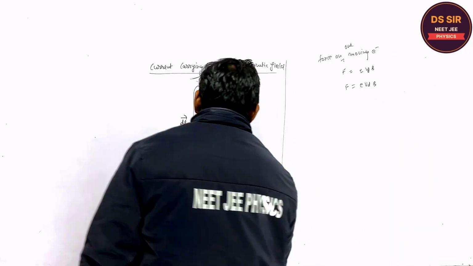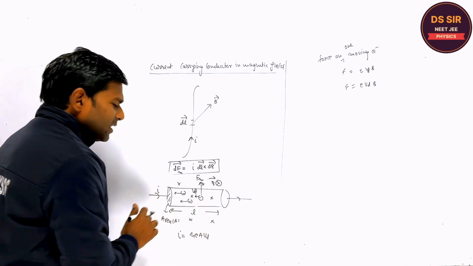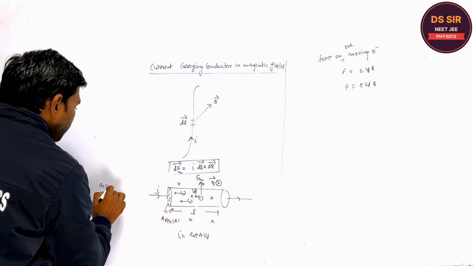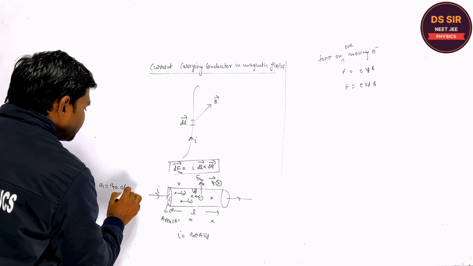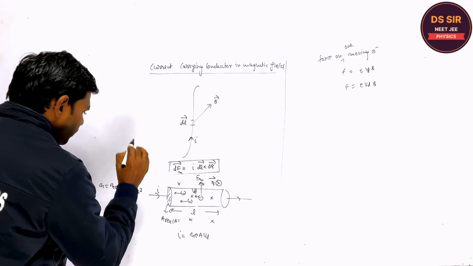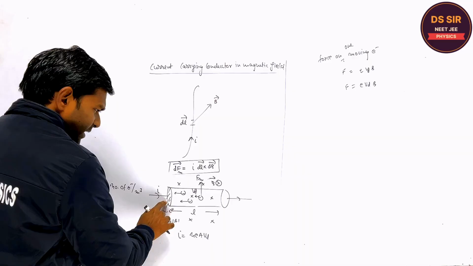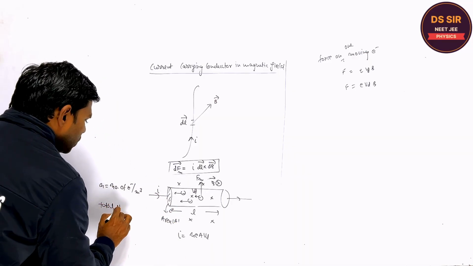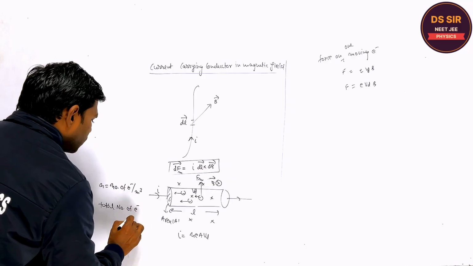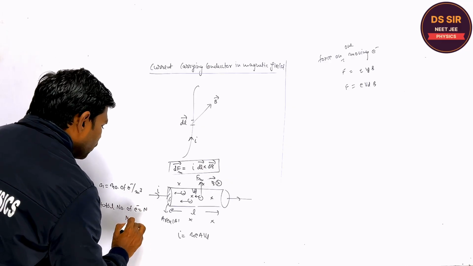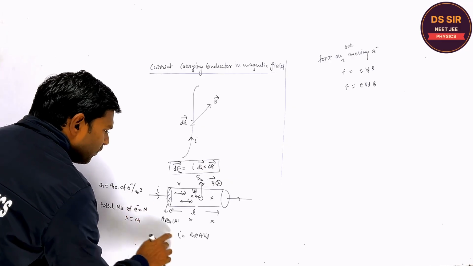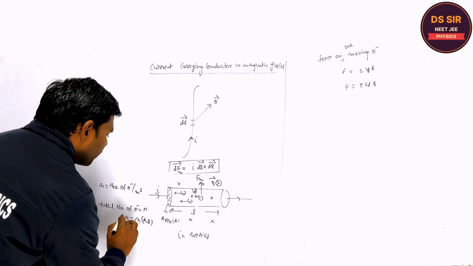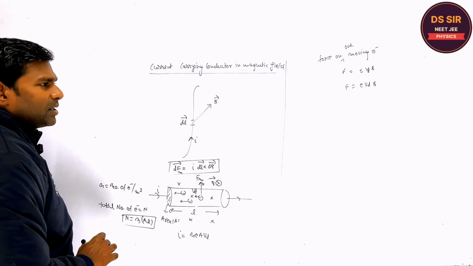If you consider this is the conductor having the length L, and n is the number of electrons per unit volume, per meter cube. Area is A, length is L. What is the total number of electrons? Total number of free electrons N is equal to the number of electrons per unit volume multiplied by the volume of this wire or conductor.